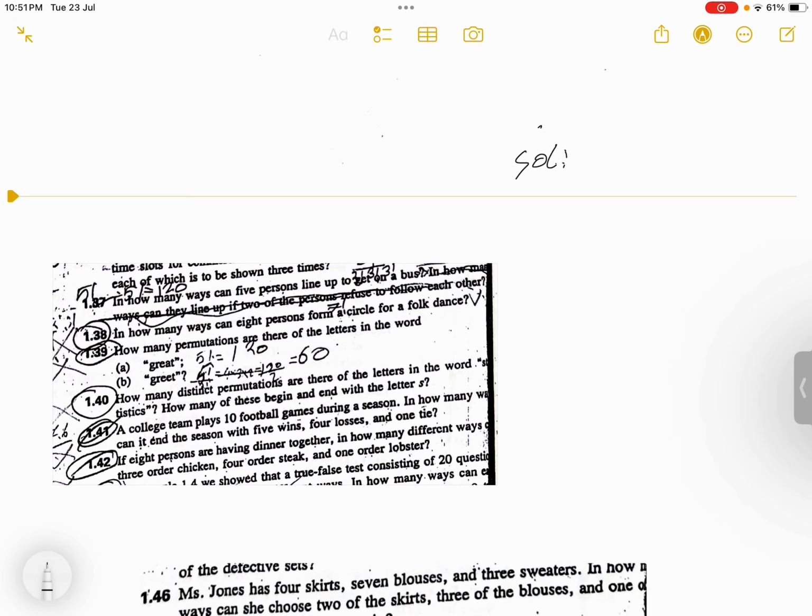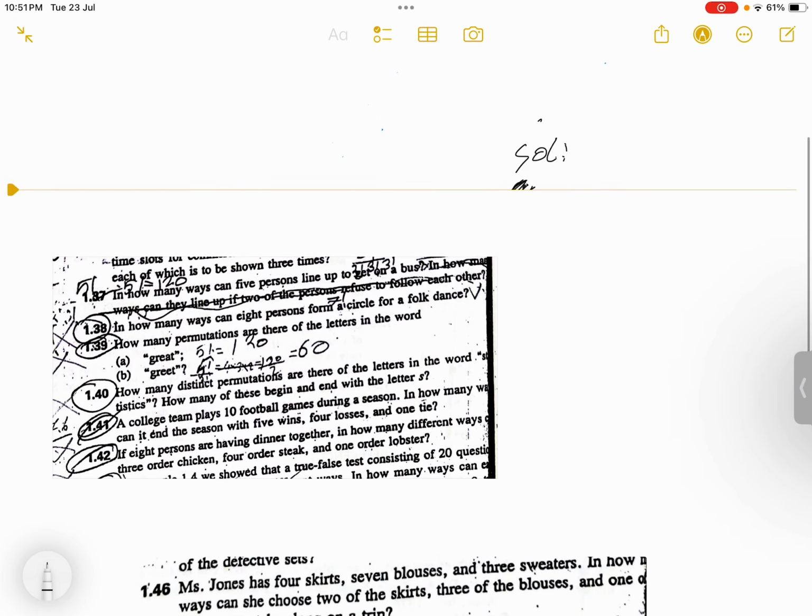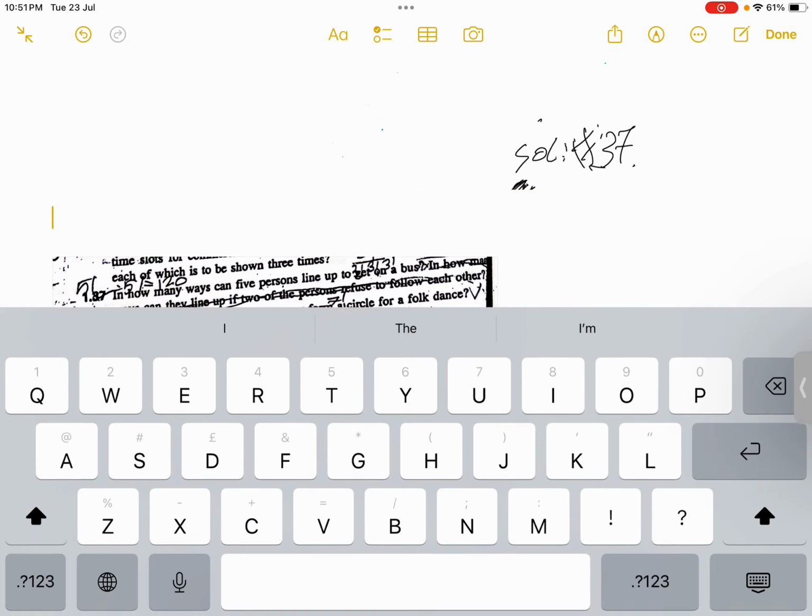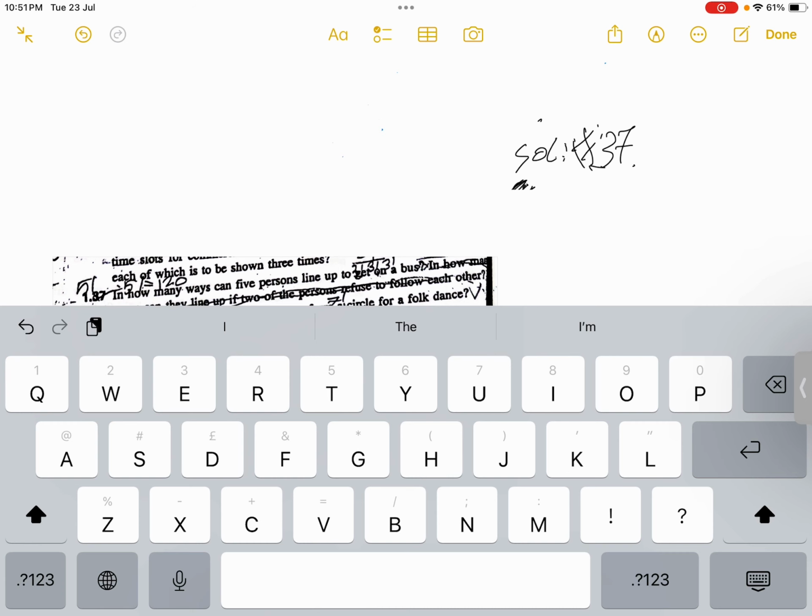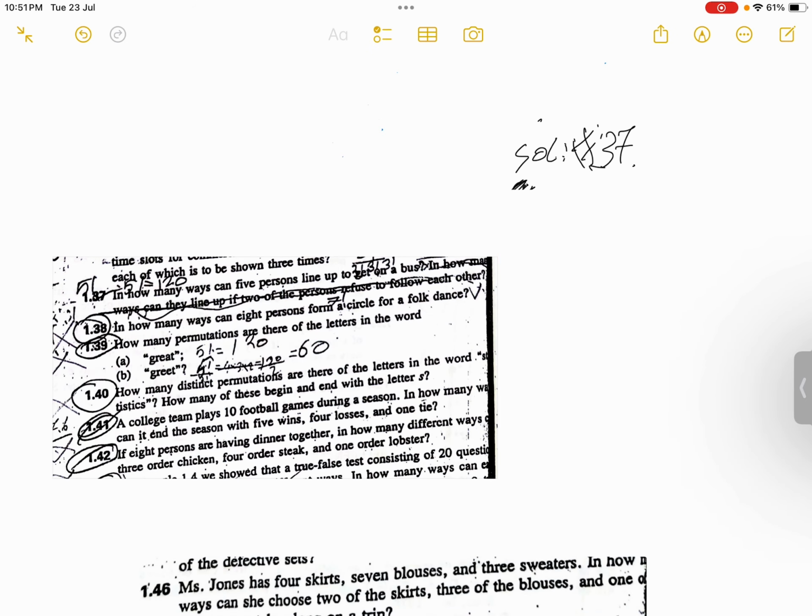Question number 37. In how many ways can 5 persons line up to get on a bus? These questions are from page 25.